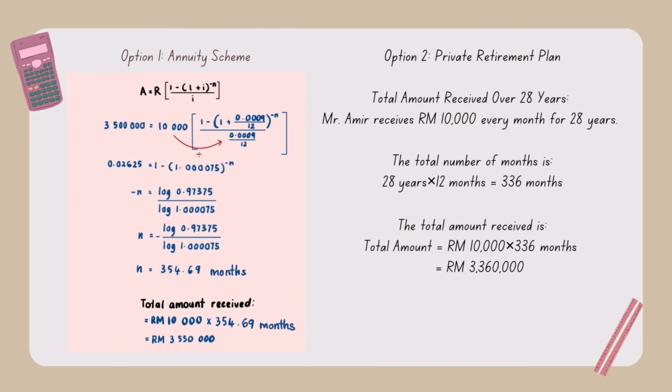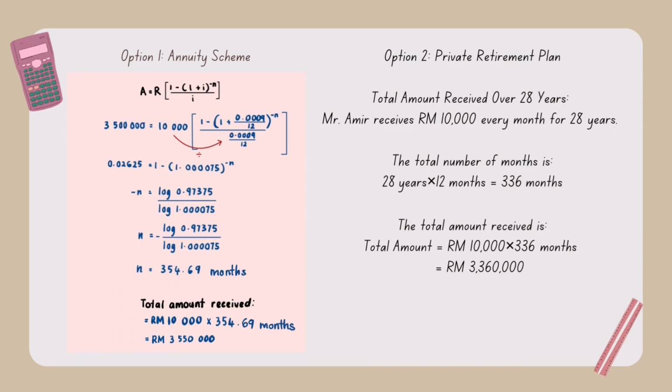To get 0.02625, we need to solve 10,000 divided by 0.0009 divided by 12, and the answer of that we will divide with 3,500,000, and then we will get 0.02625. Next, 0.02625 equals 1 minus in bracket 1.000075 close bracket to the power of negative n.